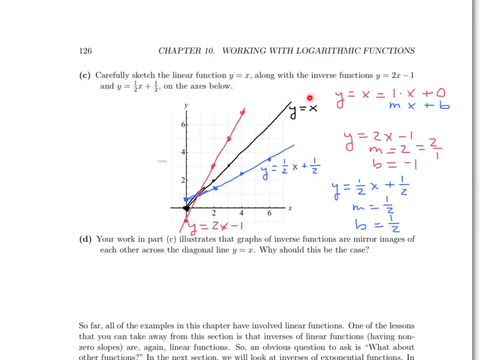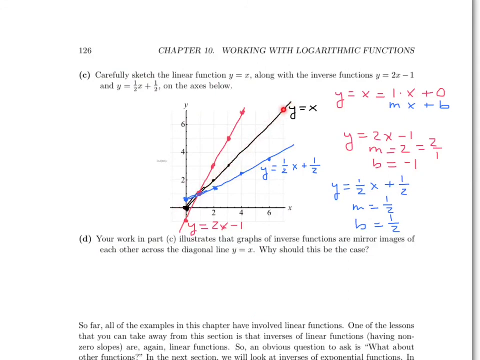So this line right here, y equals x, is referred to as the diagonal line, always. This line right here makes a 45-degree angle with the vertical axis, and therefore it's called the diagonal line. And if you look at the graphs of the two inverse functions, you can imagine having a mirror right along this line.